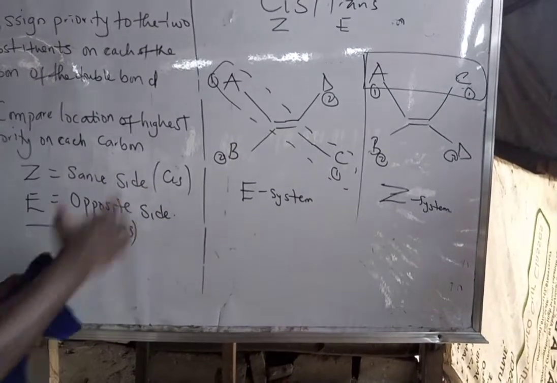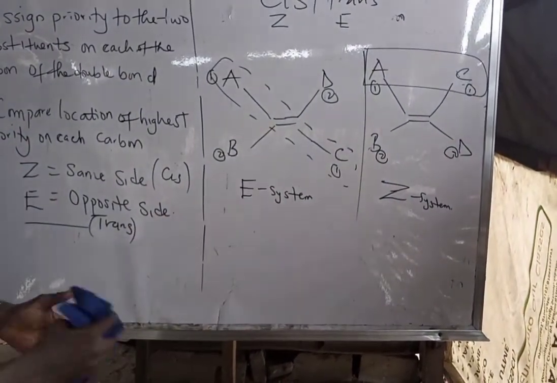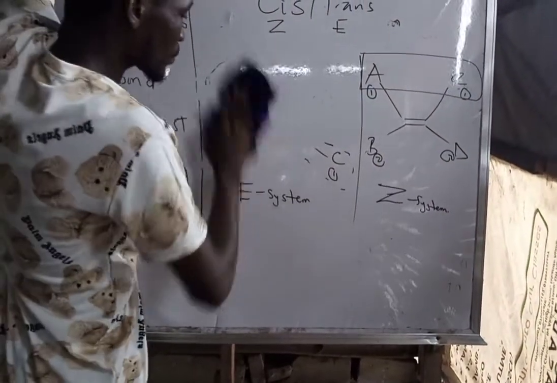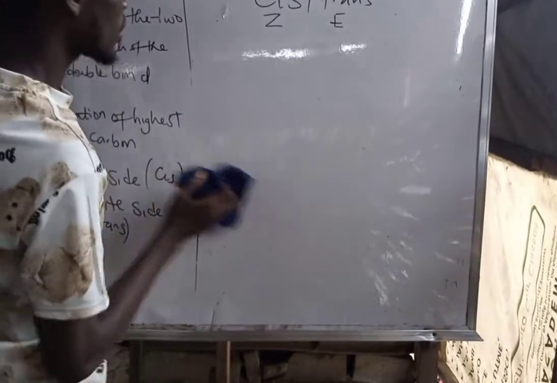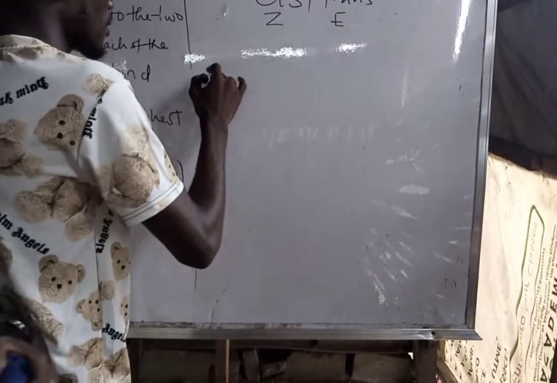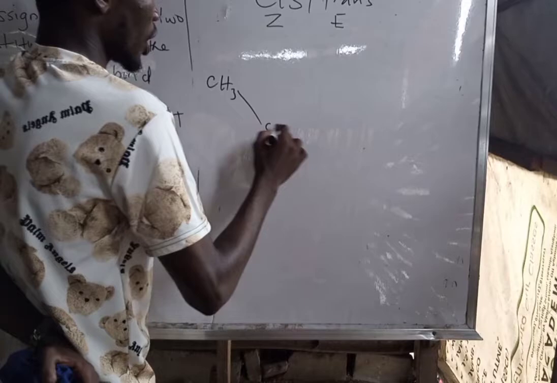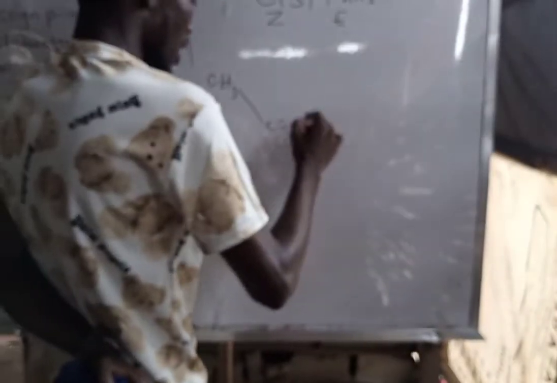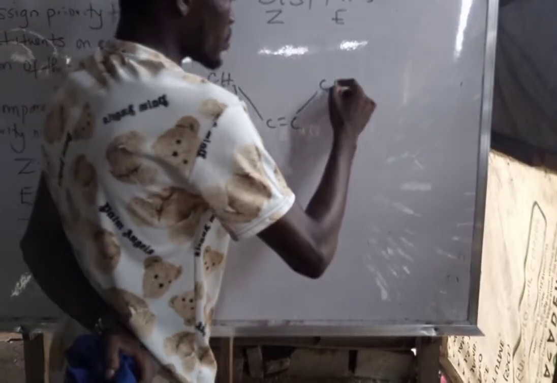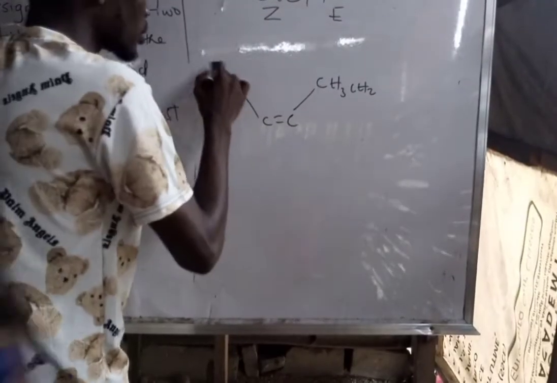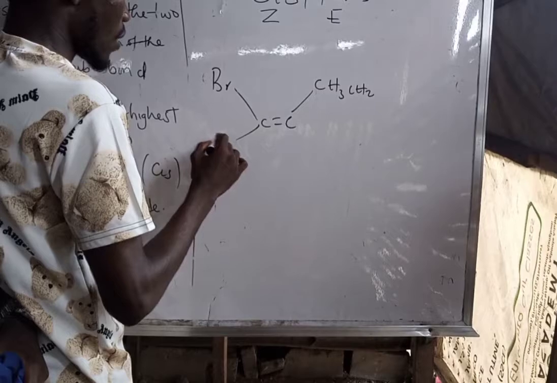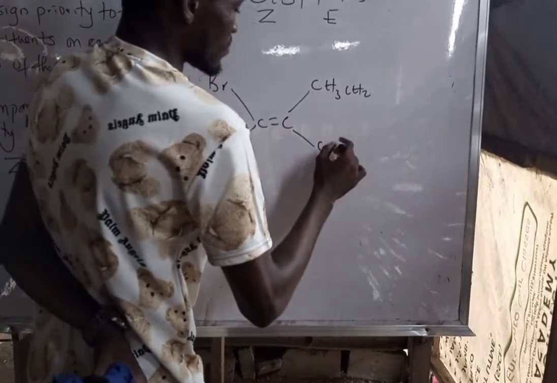Now let's take a look at a third example. If I should have a methyl group here, a double bond here, and an ethyl group here, or let's say I have bromine, then we have our H here, and then a methyl group here.